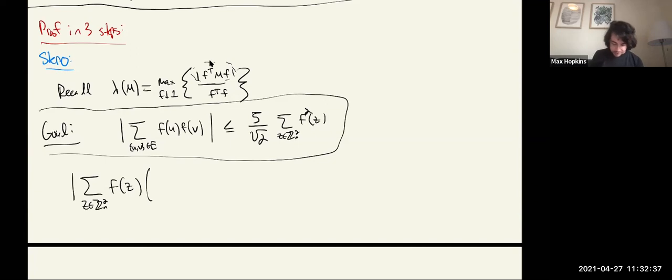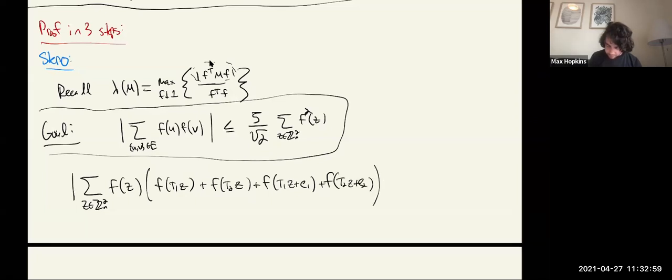So looking back at the definition of our graph, we'll have f(T1 z), we'll have f(T2 z), we'll have f(T1 z plus e1), and we'll have f(T2 z plus e2).